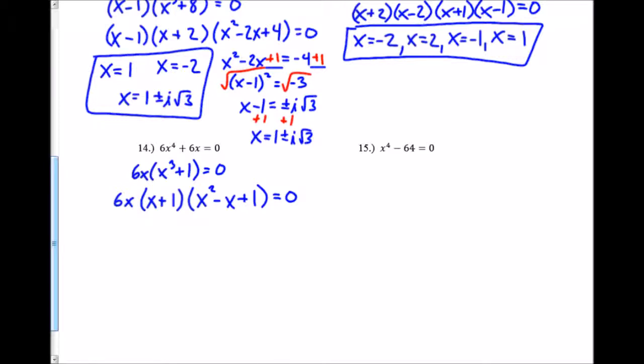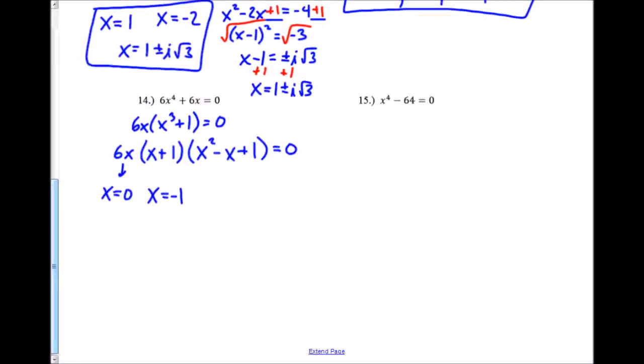Now I set each factor equal to 0 here. When I set this equal to 0, I find out that x equals 0. Here I find out that x equals -1. And then this last piece, I've got to do my quadratic formula for. So I'm going to do x equals the opposite of b plus or minus the square root of b squared minus 4 times a times c, all over 2 times a.